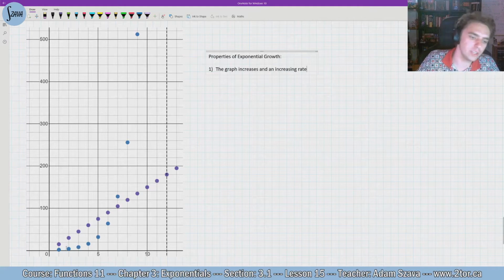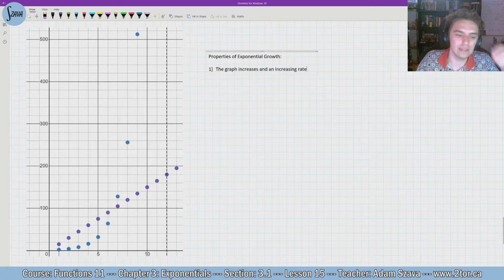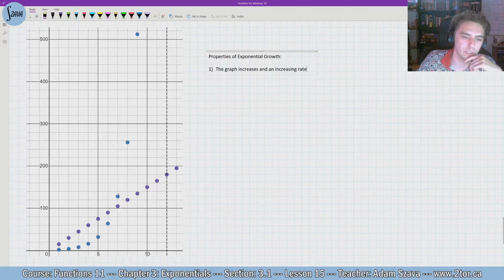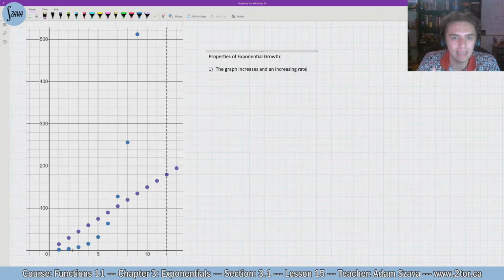So the amount that the graph is increasing, here we go up by 1 point, 2 points, 4 points, 8 points, 16 points, 32 points, 64 points, 128 points. Okay, maybe I was off a little bit there, but that's the idea. The amount that we go up by is increasing. The increase is increasing. It's kind of like an acceleration that's happening here.